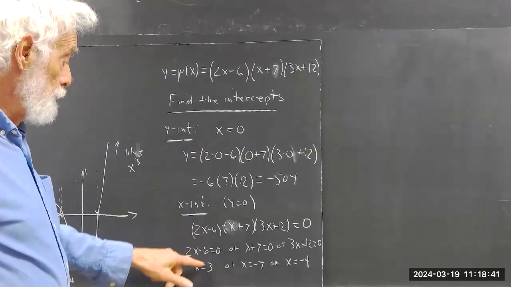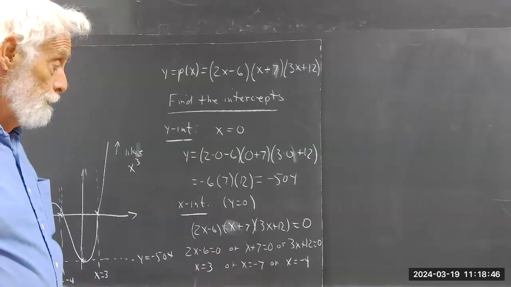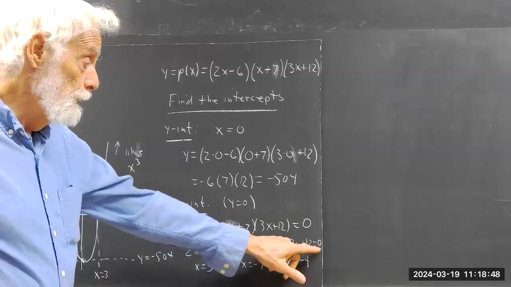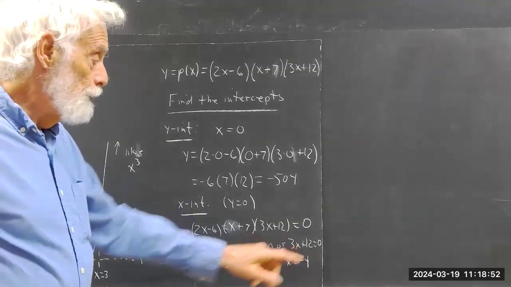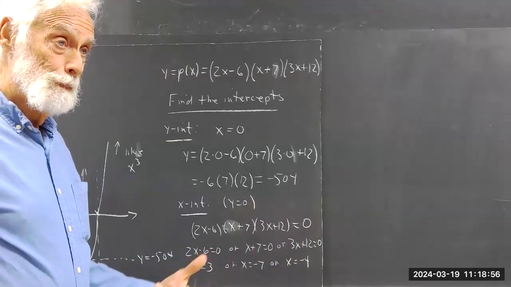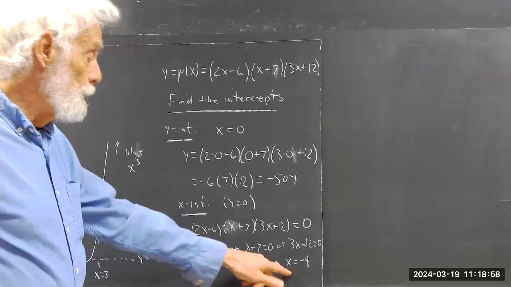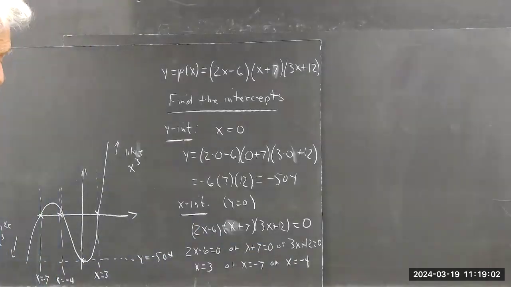It could be this factor, or this factor, or this factor. Setting each factor equal to 0 gives us an equation for each, and we can solve each equation. We get x equals 3, x equals negative 7, x equals negative 4.